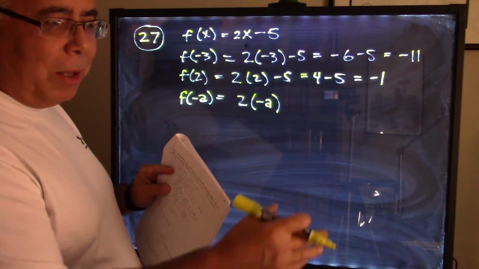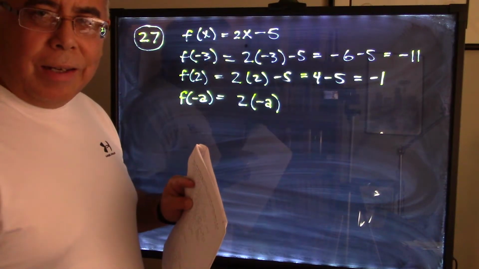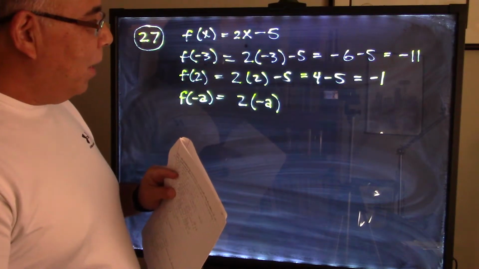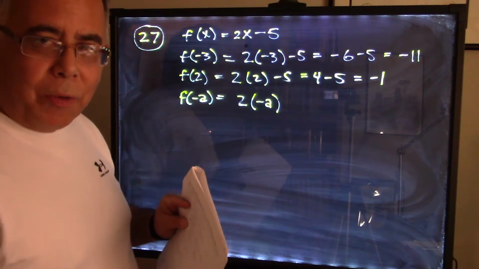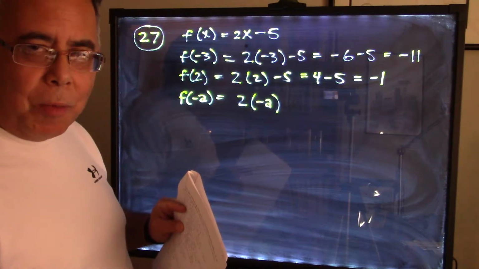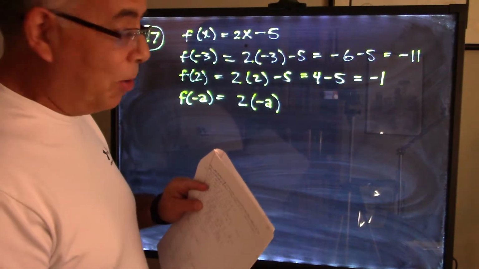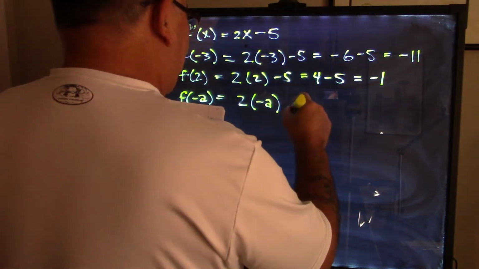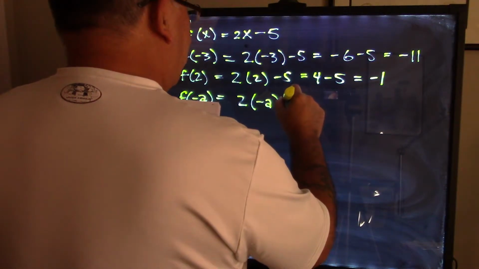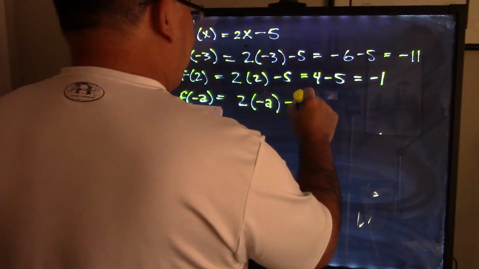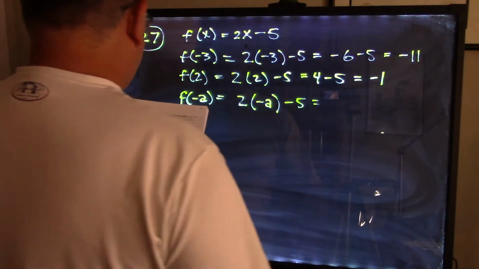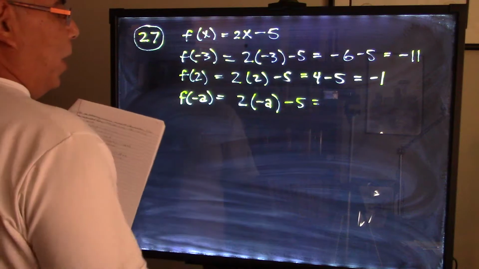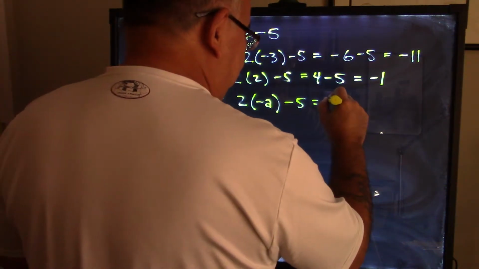Get in the habit of keeping things organized, neat, orderly. And that way you will avoid mistakes when the functions or the formulas become more complicated, which they will, I promise you. All right. So get in the habit now. 2 parentheses negative a minus 5. So 2 times negative a is negative 2a.